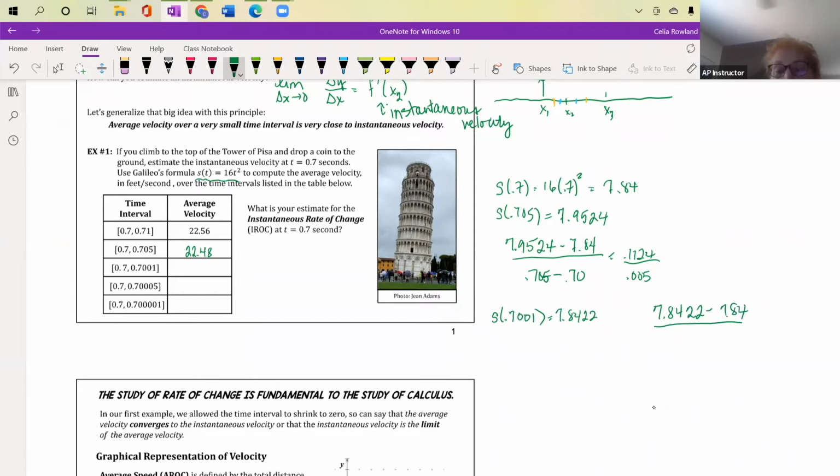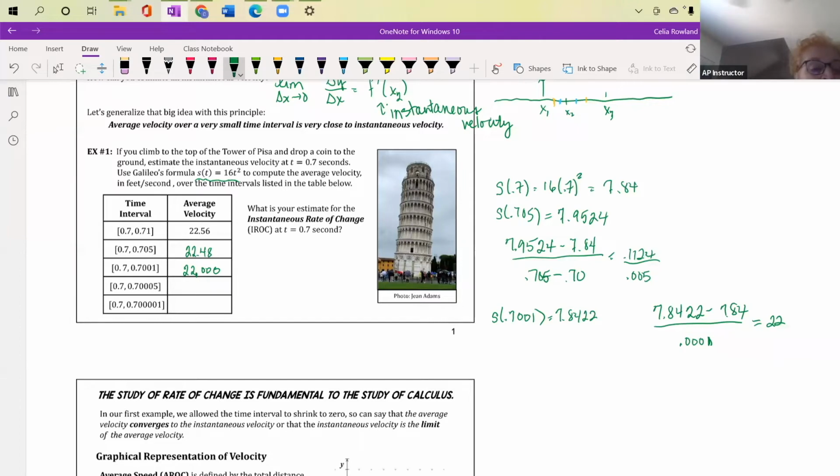The difference now is 0.0001, right? And we get exactly 22. Now in calculus, we're going to actually come back and show everything to 3 decimal places correct on here. So typically I do everything to 4 and then I round it to 3 when we're done. So this looks pretty good.